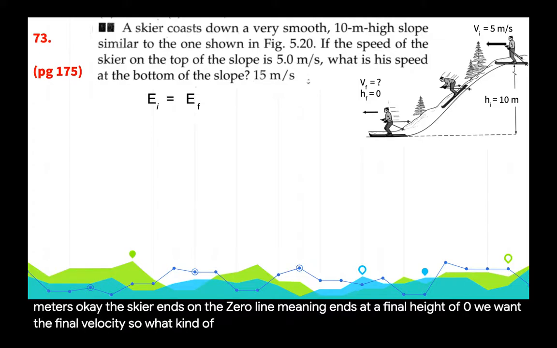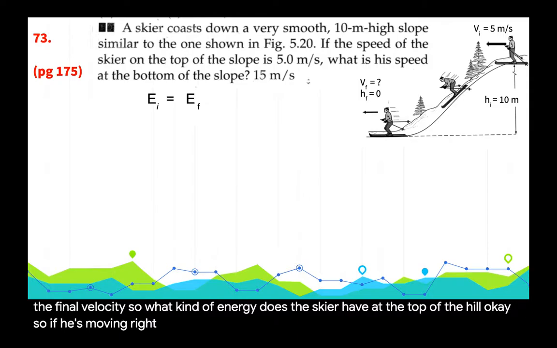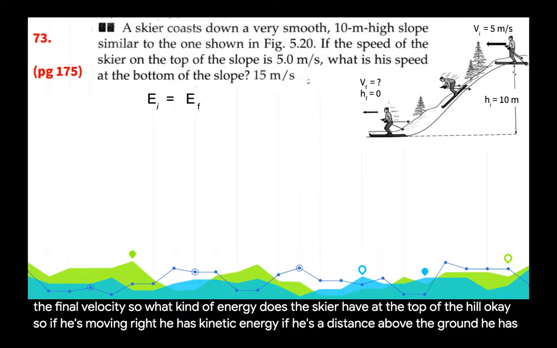So what kind of energy does the skier have at the top of the hill? If he's moving, he has kinetic energy. If he's a distance above the ground, he has gravitational potential energy.